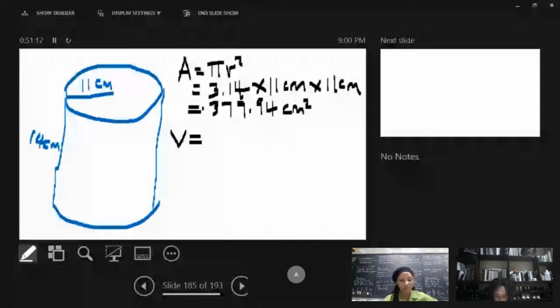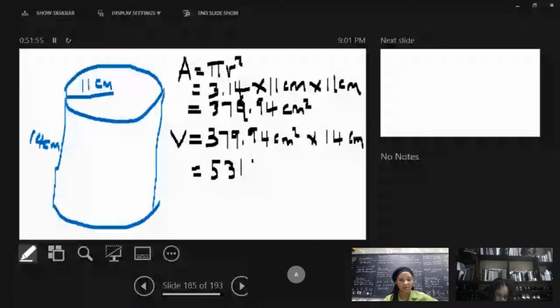So just multiply the area of the base times the height of the cylinder. 379.94 times 14 is 5,319.16 centimeters cubed.